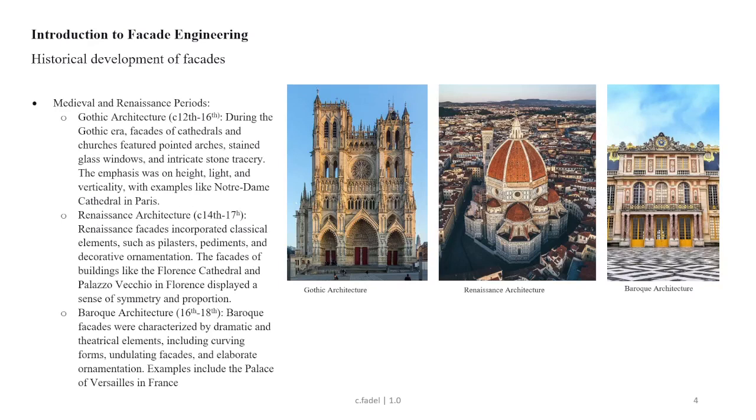The next development in facades happened during the medieval and Renaissance period. In Gothic architecture, which is from the 12th century to the 16th century, the facades of cathedrals and churches featured pointed arches, stained glass windows, and intricate stone tracery.